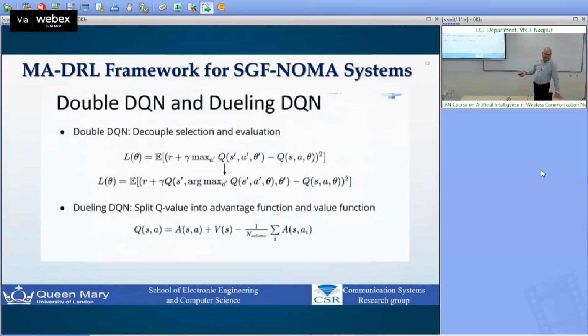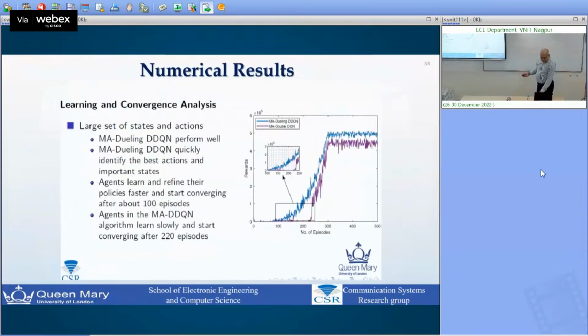If you consider all possible states and, from each state, all possible actions, it will take a long time to converge. To solve that problem, the network is going to identify the best actions and important states. That is the purpose of dueling.